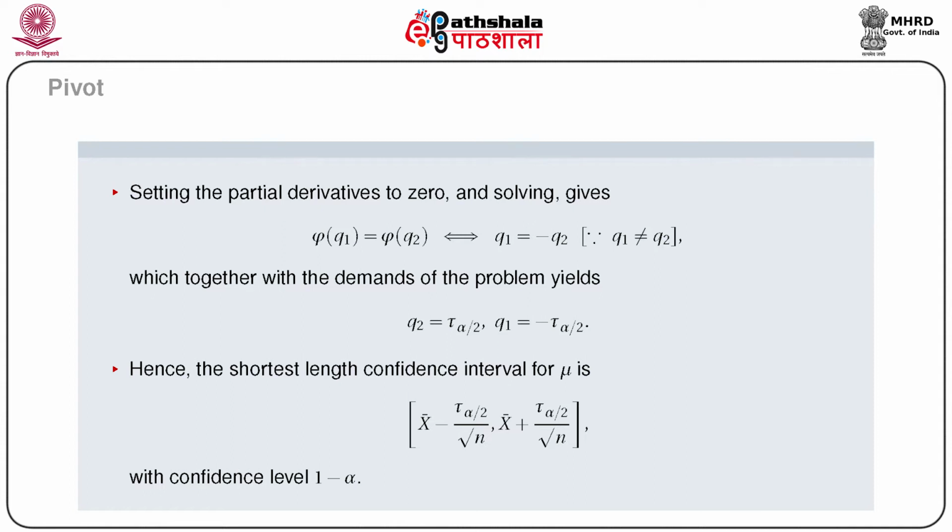Note that the partial derivative of psi with respect to q1 equal to 0 implies minus 1 minus lambda times small f_Z(q1) is equal to 0.